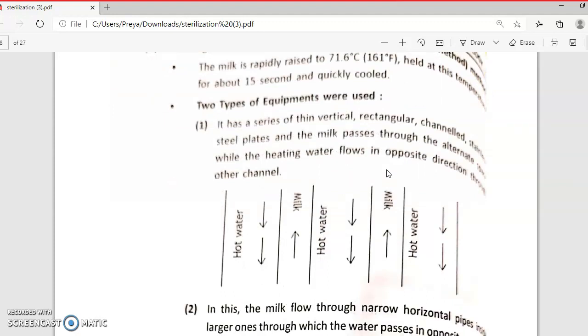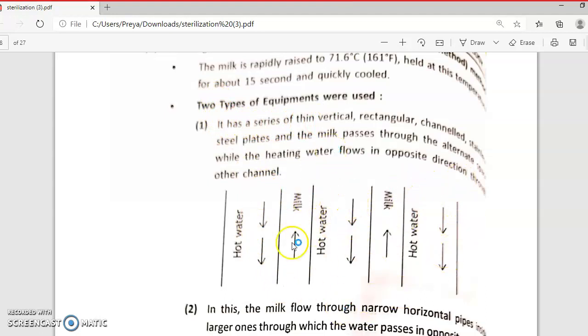To carry out this type of procedure in the company, they have this type of equipment, an arrangement for large quantities of milk in industry. How does it work? It consists of thin vertical channels or pipings.